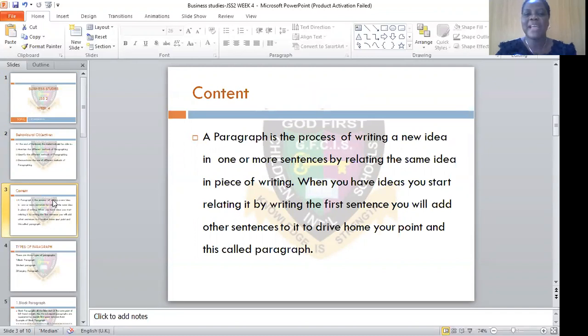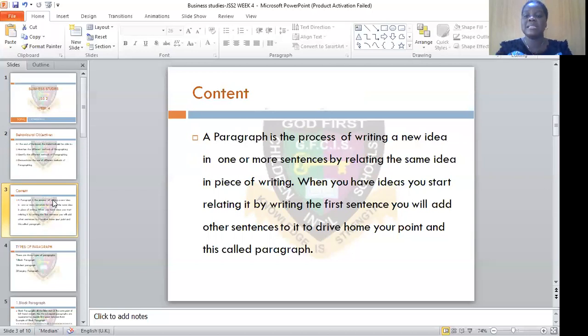Whenever you want to write something, it is called an idea. And such ideas, you just don't lump them together. You segregate them. You let the idea flow. Every related idea, you write them in one paragraph.